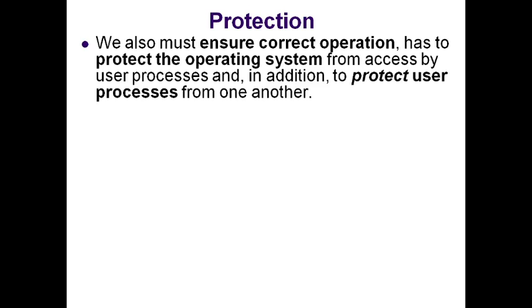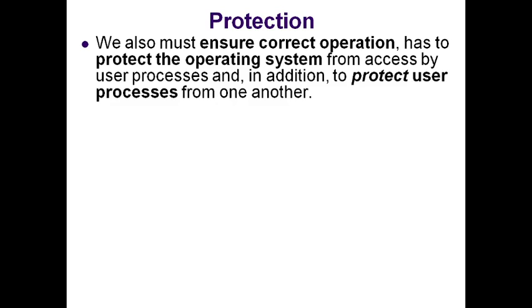Now what about protection? Protection, in the sense that we have to protect the content of the user processes as well as the operating system from malicious programs, because the same main memory is going to hold all the processes as well as the operating system.